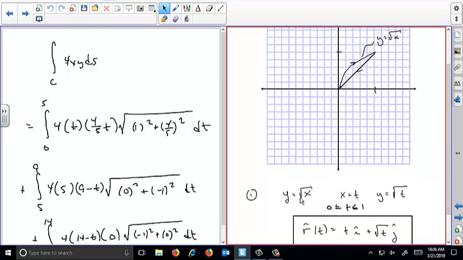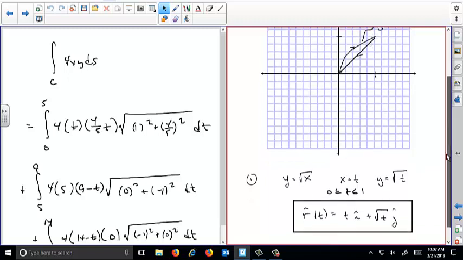So what you would do is you let x equal t and y equal the square root of t. If I took these two parametric equations and eliminated the parameter, I'd end up with this path. And in this case, I go from t equals 0, such that I get 0, 0, and then t equals 1, I get 1, 1.